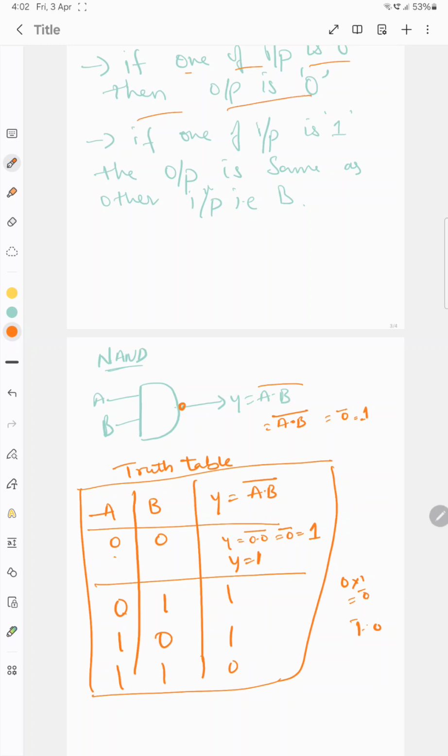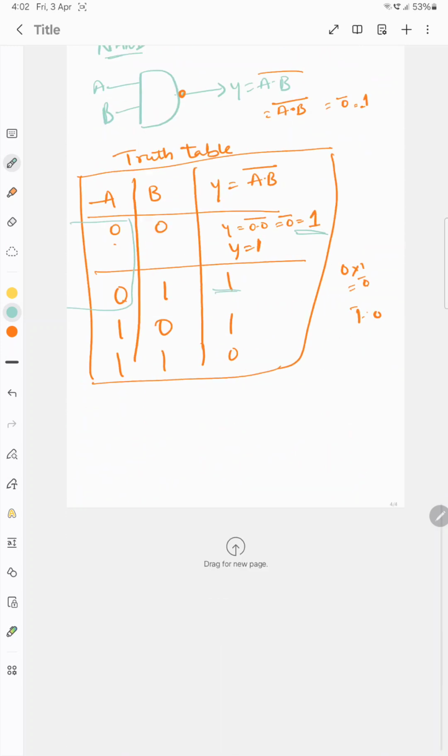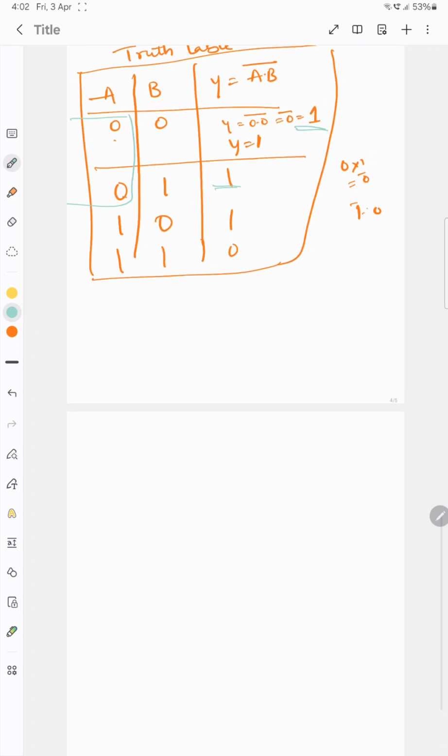Here, see, if one of the inputs is 0, A is 0, and B is 1, then if one of the inputs is 0, the output is 1.